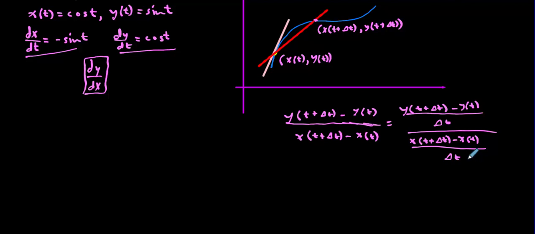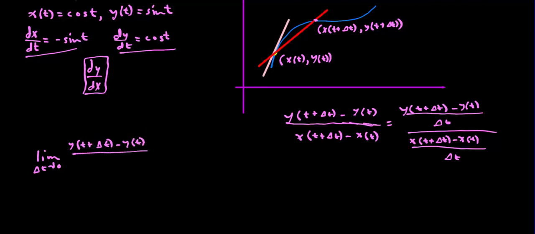Now, here's what I want to do. I want to take the limit of this whole thing right here, as delta t goes to 0. So I'm going to do the limit of the top over the limit of the bottom. So the limit as delta t goes to 0 of y of t plus delta t minus y of t over delta t.